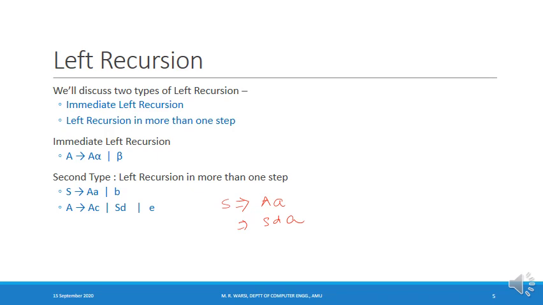So I can say that from capital S in 0 or more steps of the derivation, I obtain this sentential form, and this is beginning with the same variable from which we started the derivation. So once again it is a case of left recursion, but this left recursion was there in more than one step. So this is the second type in which left recursion is there in more than one step.